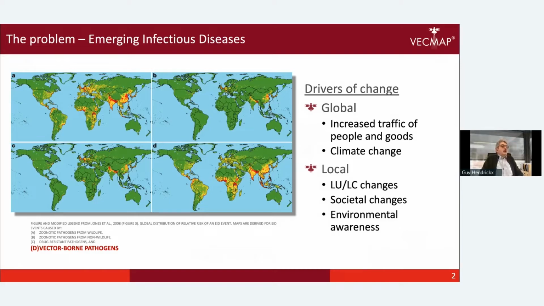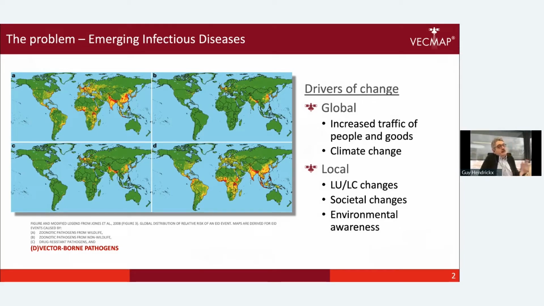These are upcoming due to a series of drivers. Some of these drivers are global. We think increased traffic of people is absolutely the main driver. Bugs, vectors, and pathogens are traveling either through goods or through people. And on top of that, of course, climate change has an enormous impact too.